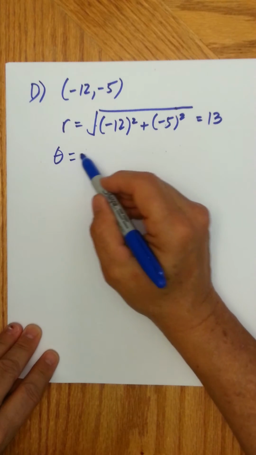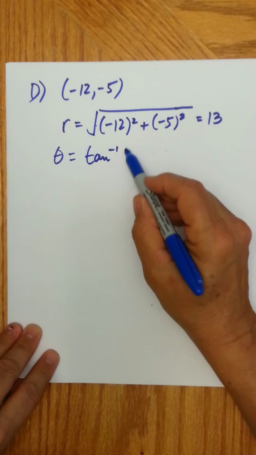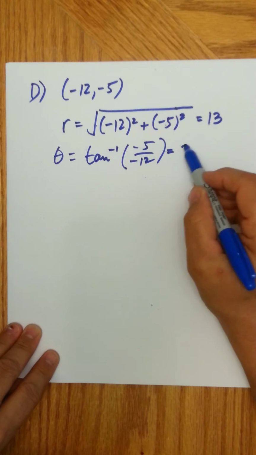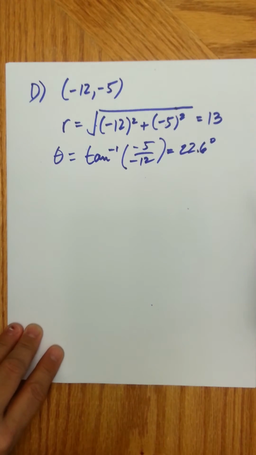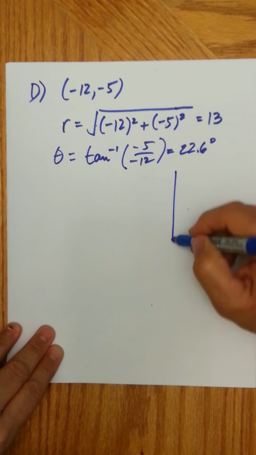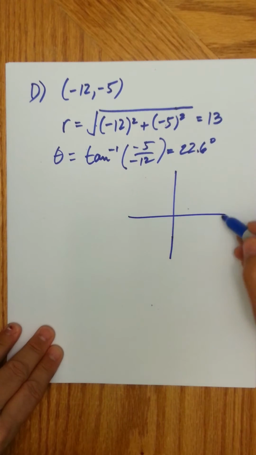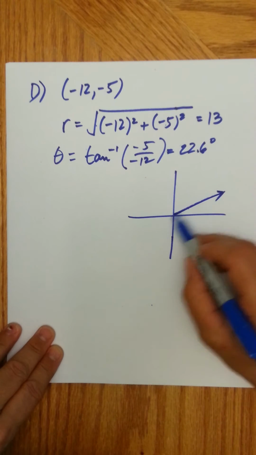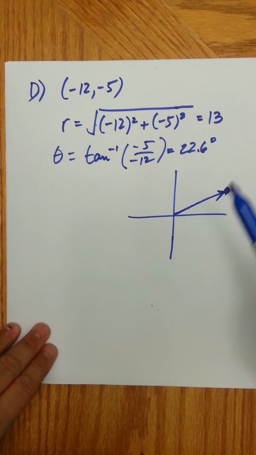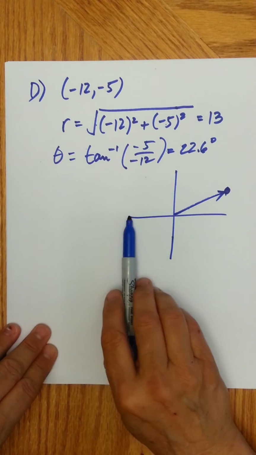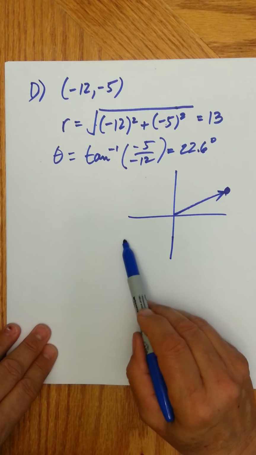And now theta is the inverse tangent of negative 5 over negative 12. So you'll get 22.6 degrees. Now let's check this. According to this, we're being told you rotate 22 degrees somewhere in this direction, go out 13, so you're somewhere way out here. Does that seem to match what you have here? Well, what I have here is negative, negative. I should be out here, right?